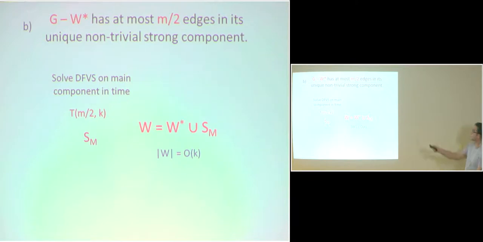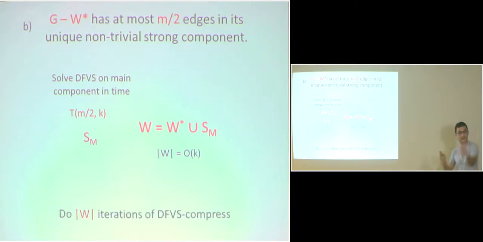All I'm trying to do is to say that if I remove W star and S_M, that is a feedback vertex set. And it is because after I remove W star, the trivial components are trivial. They don't participate in any cycles. So then I have to only handle the non-trivial component, and I do. So then I have now an approximate solution of size big O of k, and then I find the actual solution by doing this. Okay?